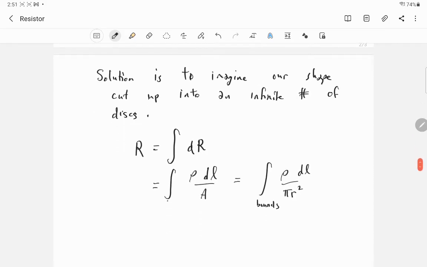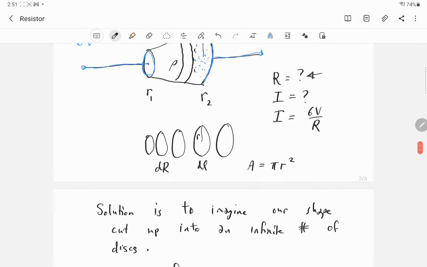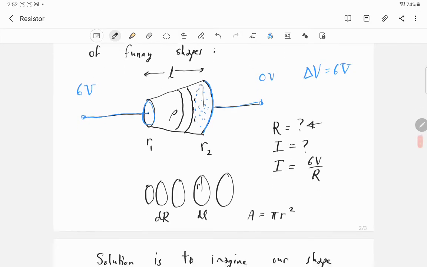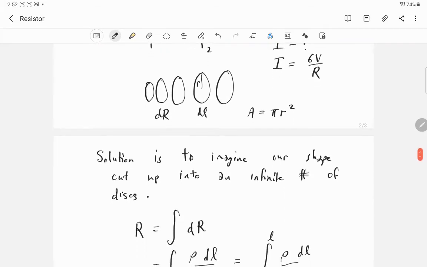So r is actually a function of this thing called L. And L, we might imagine, goes from a starting point, we could say 0, all the way to the finishing point, which we'll call L. It starts at 0 and goes out to L. And as we go along, we're going to increase the radius.